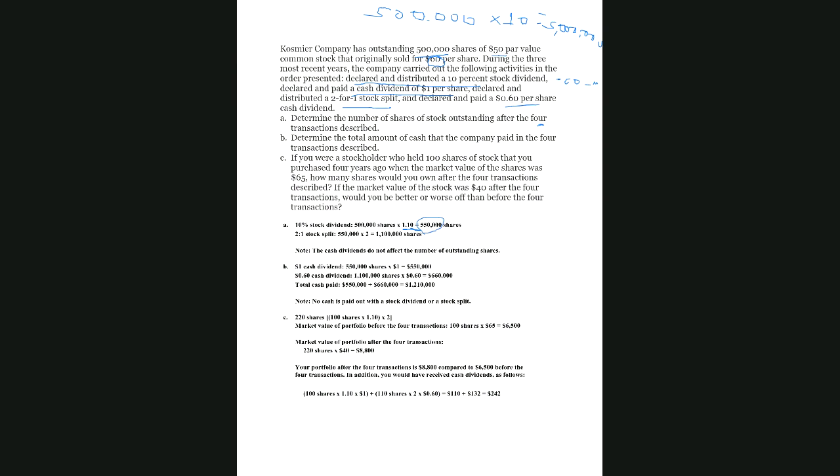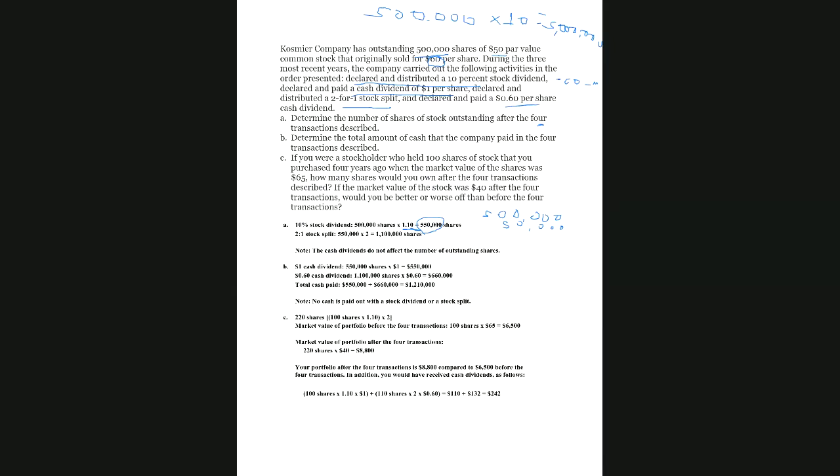If you want to do it differently, you started out with 500,000 shares outstanding originally. If you took the 500,000 times 10%, that equals 50,000 shares. So the new amount of shares that you have outstanding equals 550,000 shares. But that's only after the first transaction, after the 10% stock dividend.